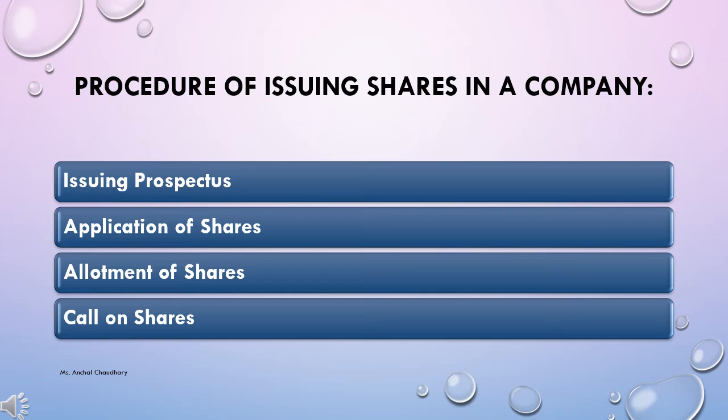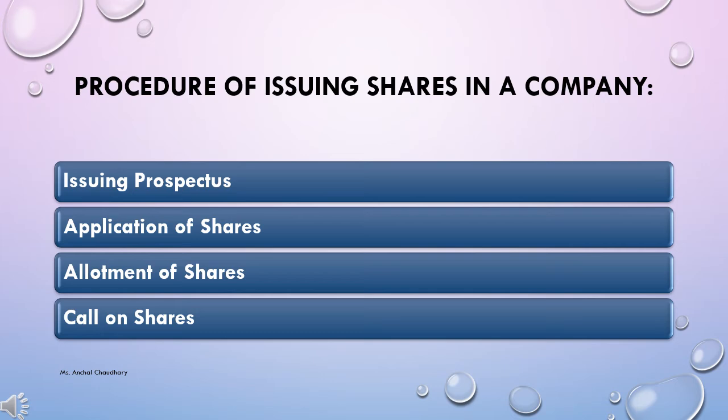It has already been decided and mentioned in your prospectus before issuing the shares that we will have two calls for these particular shares, and the time period for those calls will be 3 months or 6 months. Everything is given to you in advance before issuing the shares, so that nobody will feel कि अचानक से कॉल मांग रहे हैं या फिर अचानक से they are demanding the money.